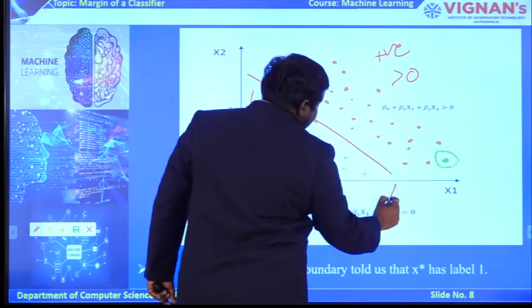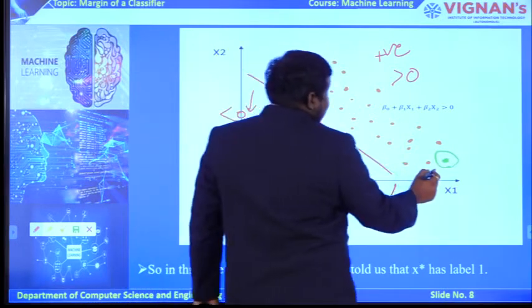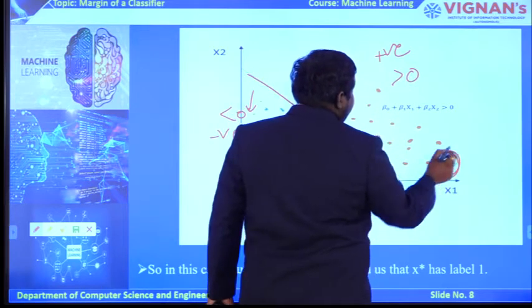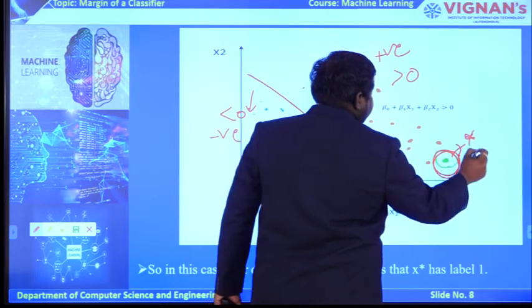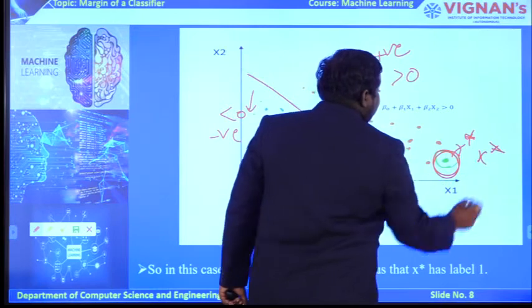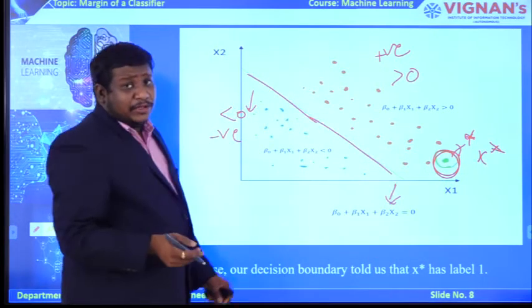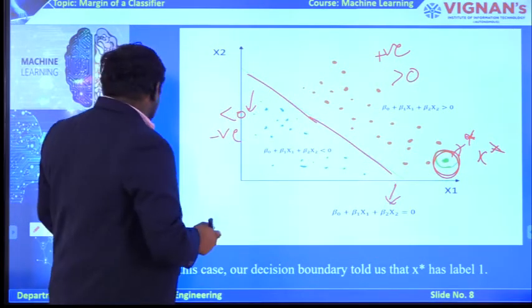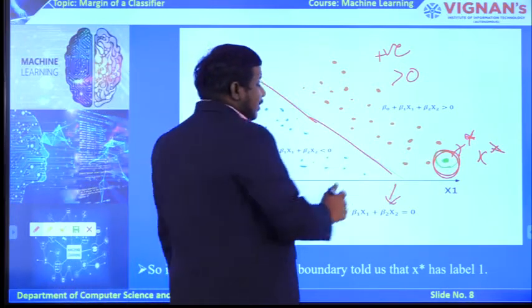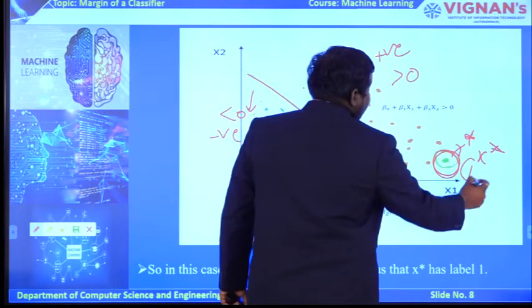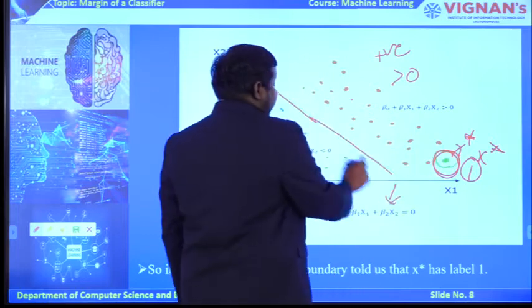This is our hyperplane. Now the new variable, the green one which has newly arisen, we can call x star. By calculating the value, we find that it is greater than 0. So we place it in the +1 category, that is above the hyperplane. Why?